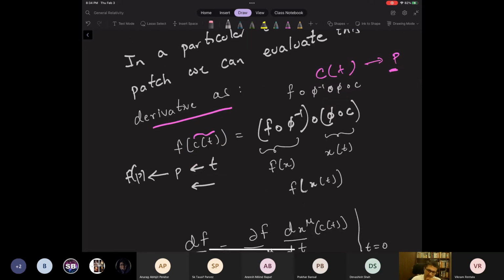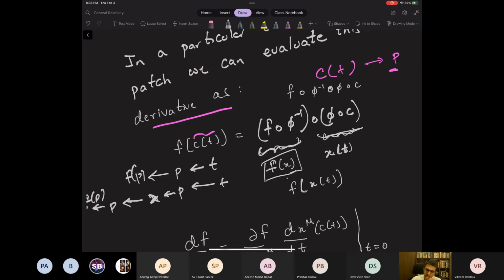We go from t to the point P, then we find the coordinates of P. Then from the coordinates of P, we go back to the point P, and then to f of P. In other words, first we find the coordinates of that point on the curve, x of t, and then we find f of x, the function evaluated at that point on the curve. So we're finding f of x of t, which is what I had written earlier.